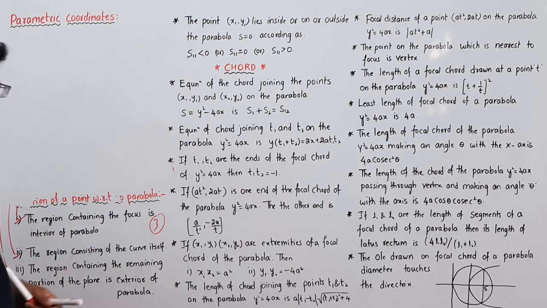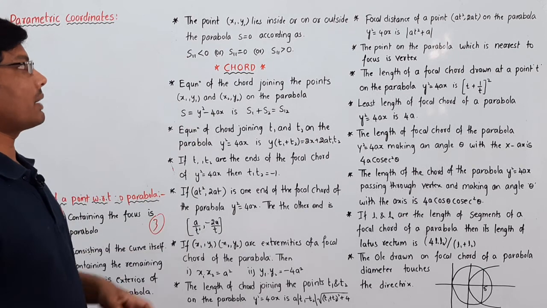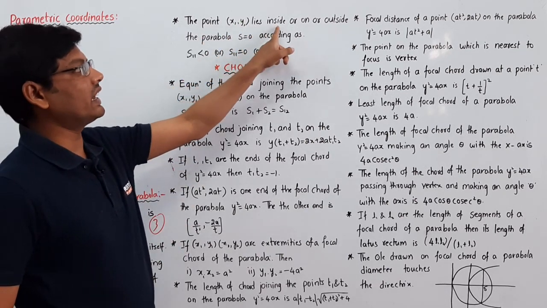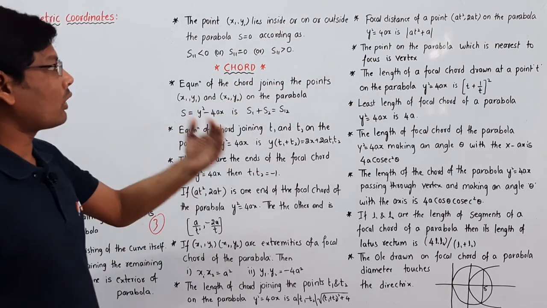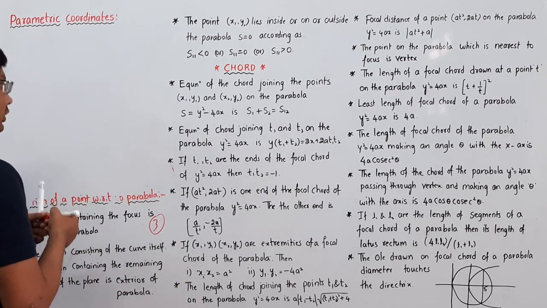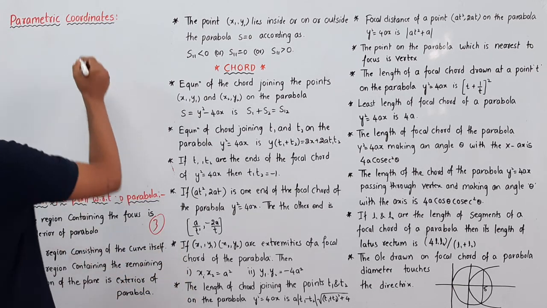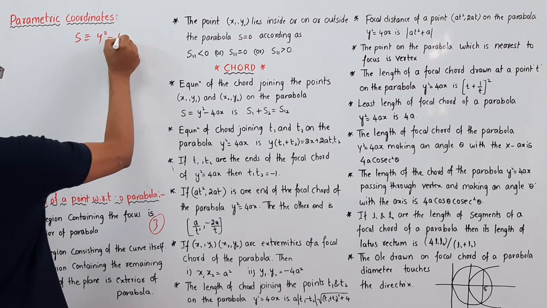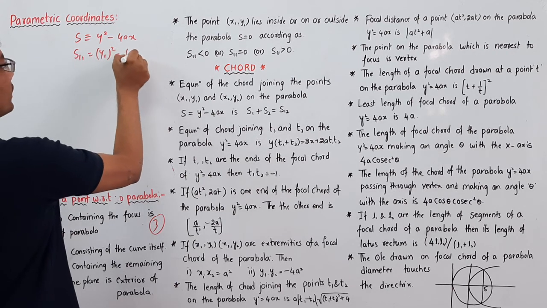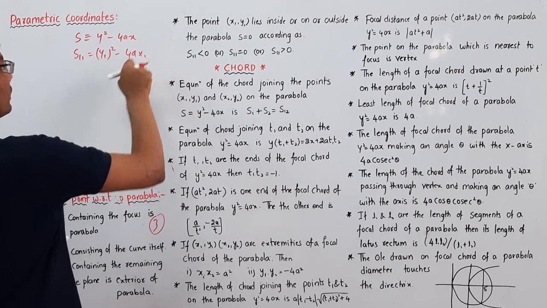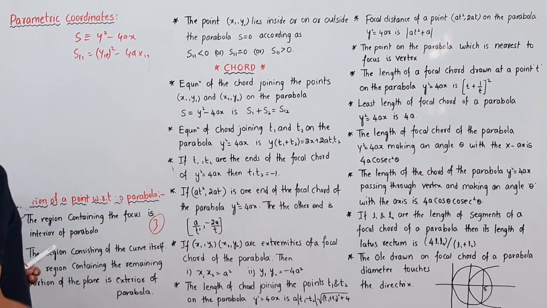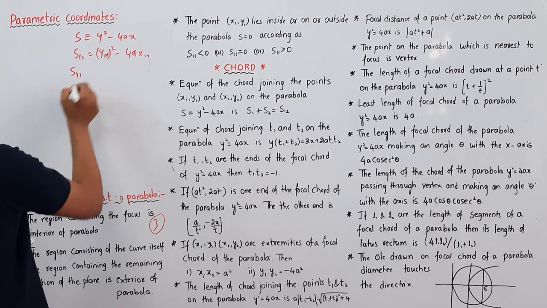We have to discuss some more important points related to the parabola. The point x1, y1 lies inside, on, or outside of the parabola S equal to 0 according to this. If you substitute any point in the parabola's standard form, we already know S is equal to y square minus 4ax, and S11 is nothing but y1 whole square minus 4a x1. So if you substitute the values, S11 is a real value.